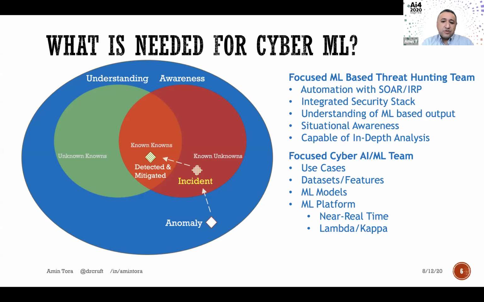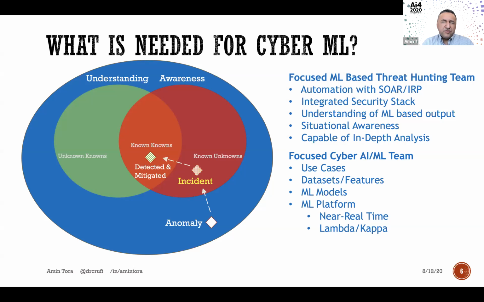And of course, you also need a machine learning platform. The platform can be near real-time. It could be storage-based, which is a Lambda platform, or a Kappa platform, which is all memory-based. Now, the idea is that in the unknown space, we're trying to identify anomalies, as I've put here as an example.